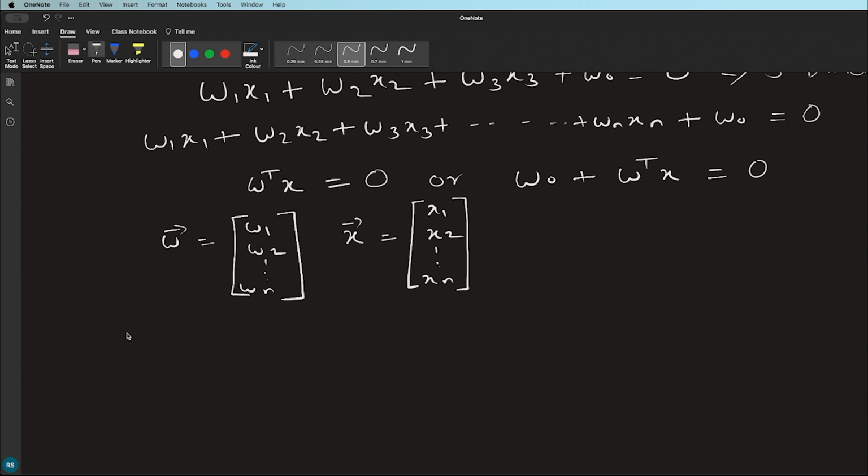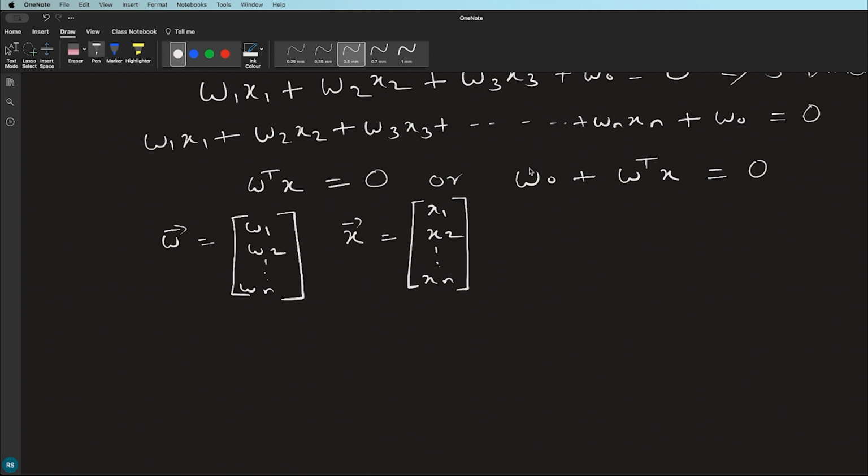Now, as you can see, this is w transpose into x, that is the dot product, equal to 0. This means these two vectors, which can be in any dimension, have a dot product of 0, meaning they are perpendicular, or if they are not perpendicular, then we will add a w naught here.